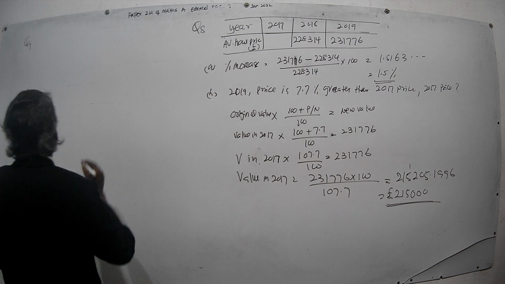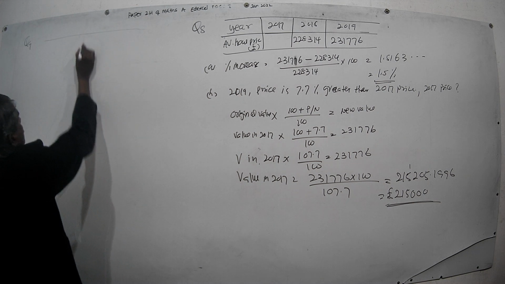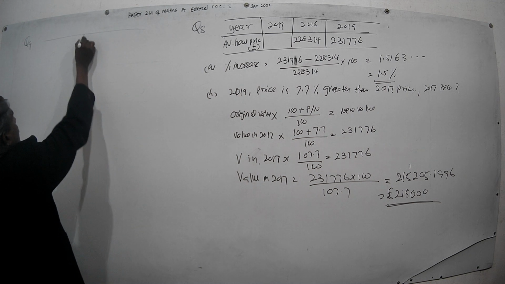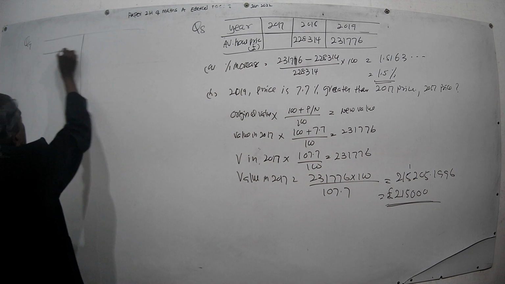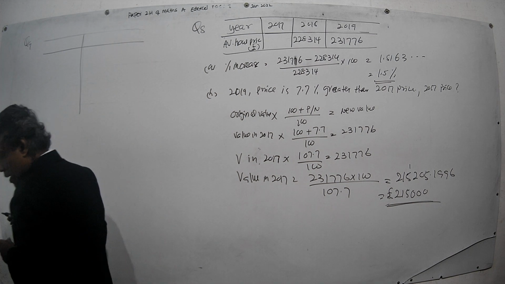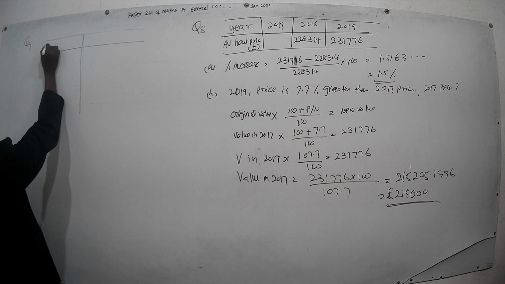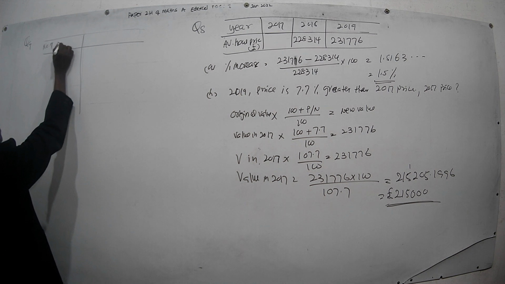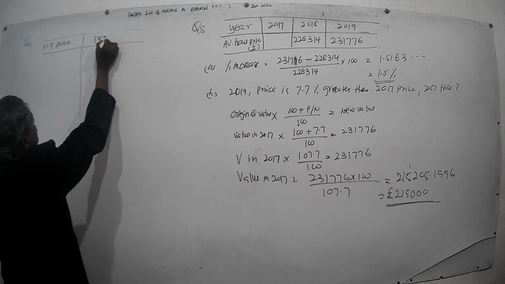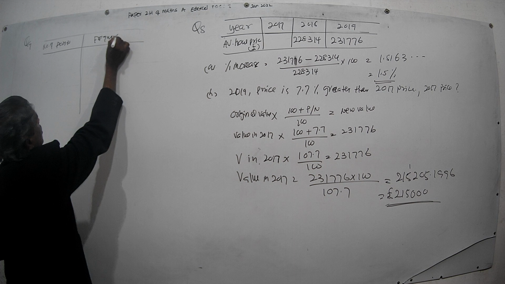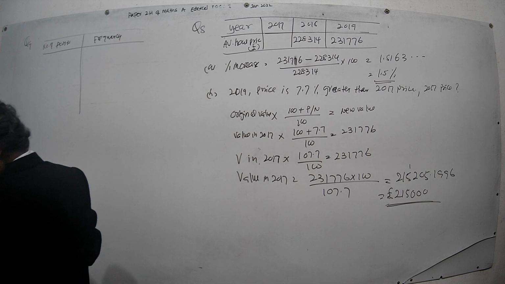Here's the frequency table. Here is the number of points, and this is the frequency.